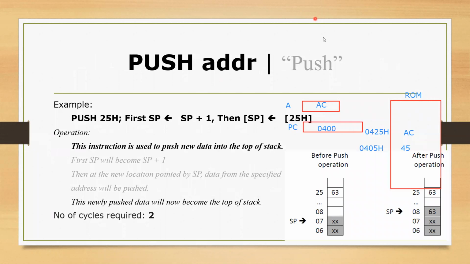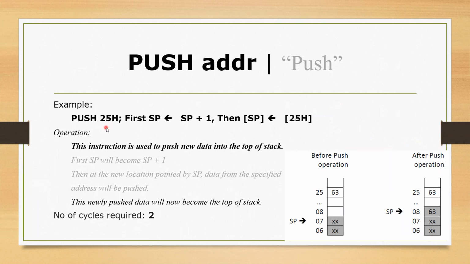Next is push and pop. Push 25 hex. The first step is that the stack pointer is incremented, that is SP plus 1, and the location pointed to by the stack pointer gets the data from the 25 hex location.